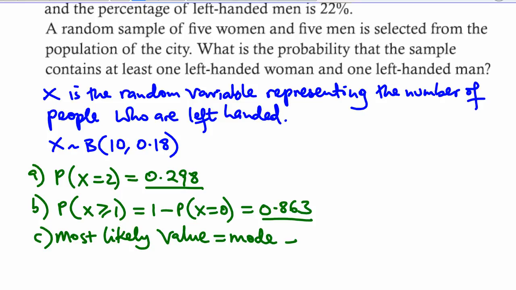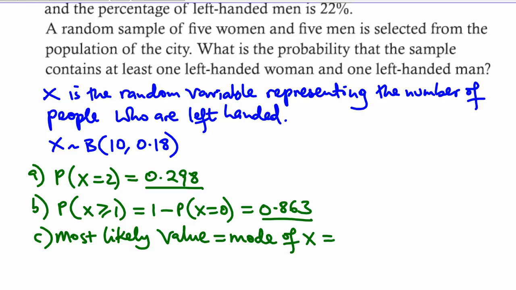So we need to find the mode of X, where X represents the left-handed people. To find the mode, what we have to do is use our distribution and the calculator to inspect and find among these values which one of them will give us the highest probability.